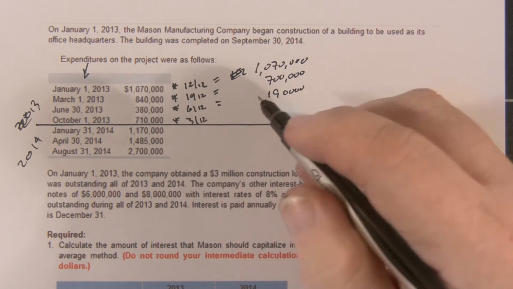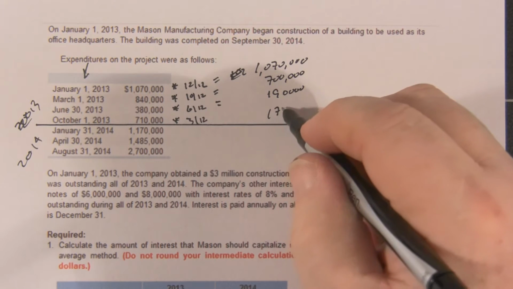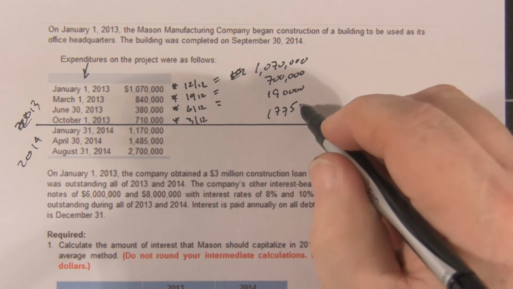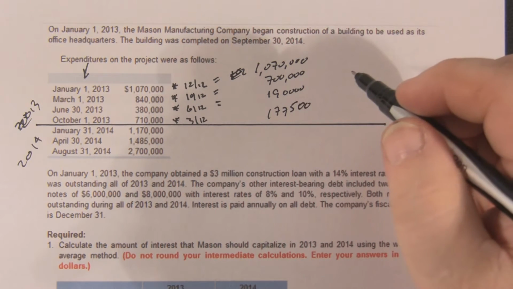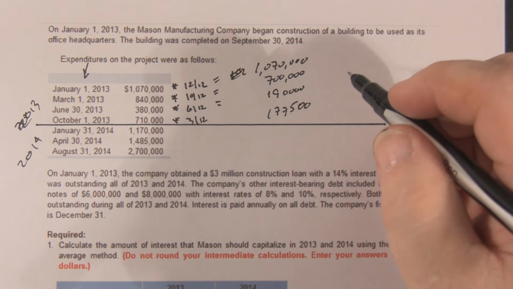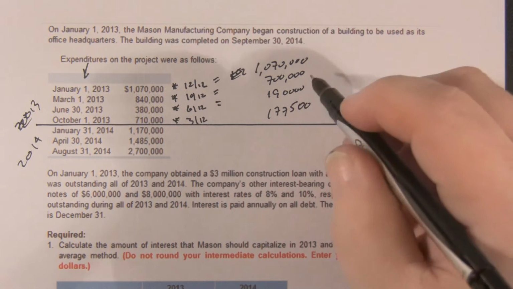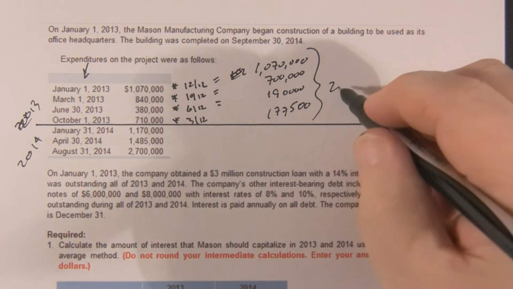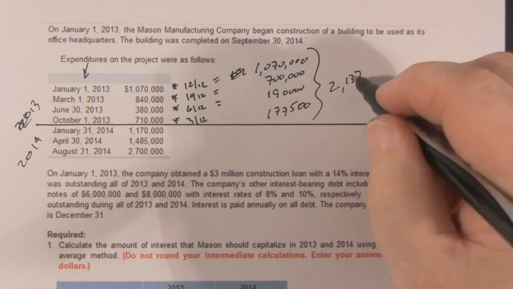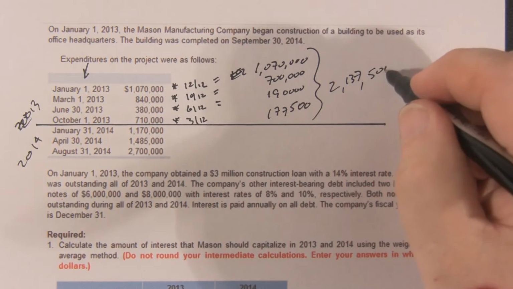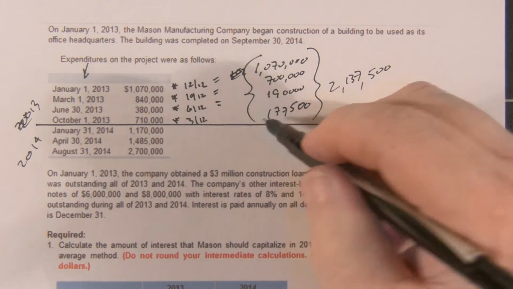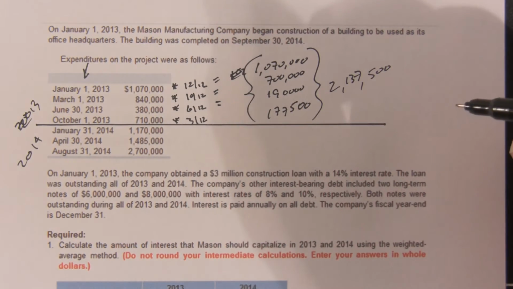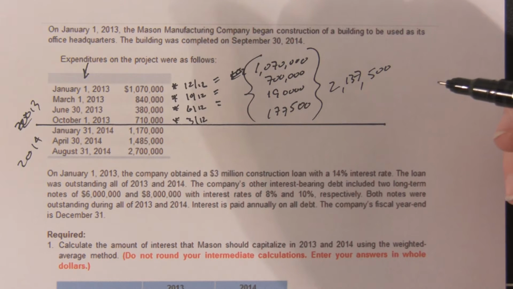And this is a quarter, so that's 177,500. So our average accumulated expenditures is 2,137,500. That's what we just figured out. So we figured out the average expenditures.